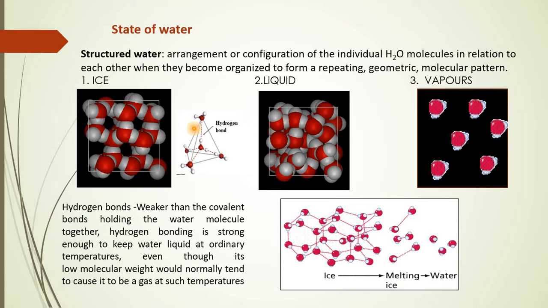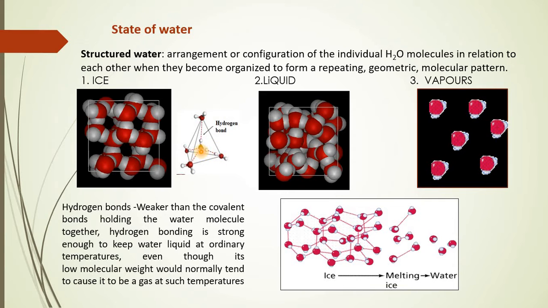Coming back once again to ice, we'll see why this compactness of ice is observed. It is only because, here you can see in the diagram, it has been shown the tetrahedral form of the oxygen within the water molecule.